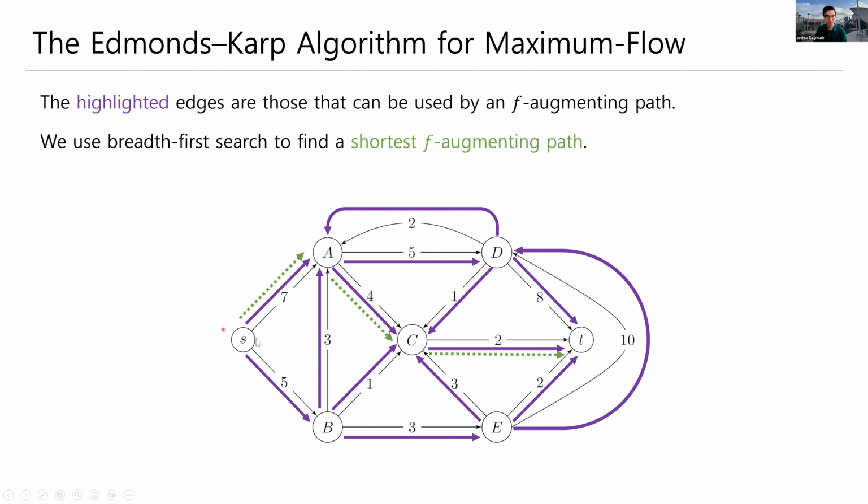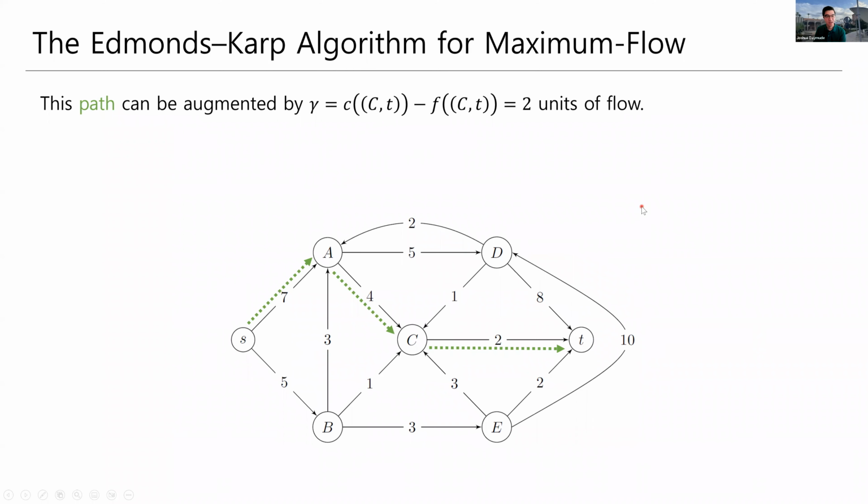If we run breadth first search on these purple edges, what we'll find is that the shortest path is this one highlighted in green. And because we've restricted it to only the edges that an f augmenting path is allowed to use, then of course, now this is a shortest f augmenting path. What's the next step? Well, we need to figure out this gamma value, how much we can augment it by.